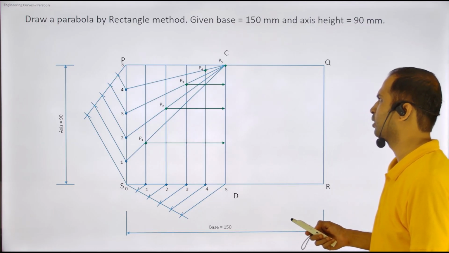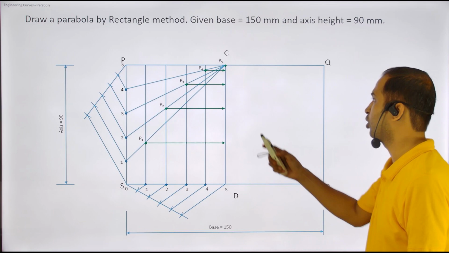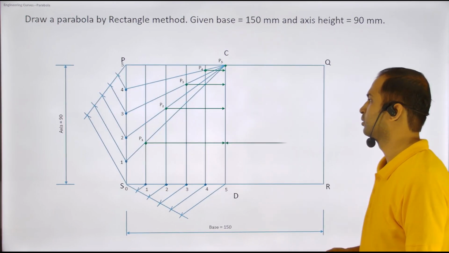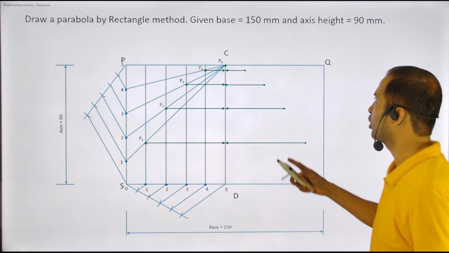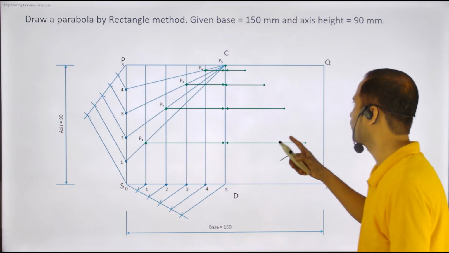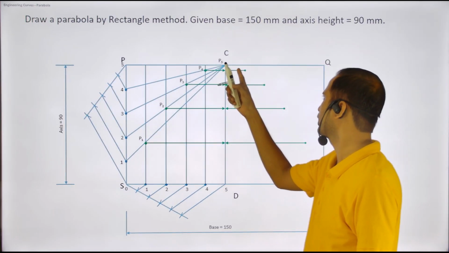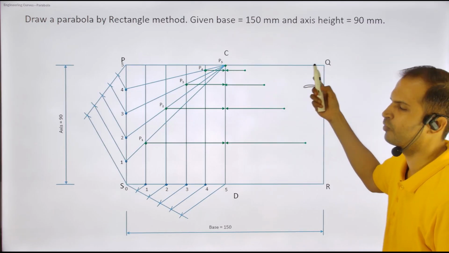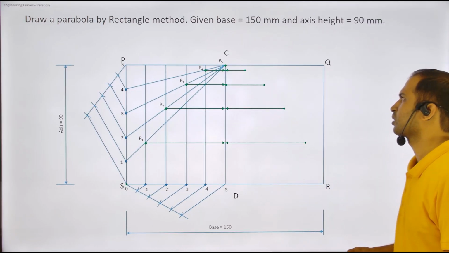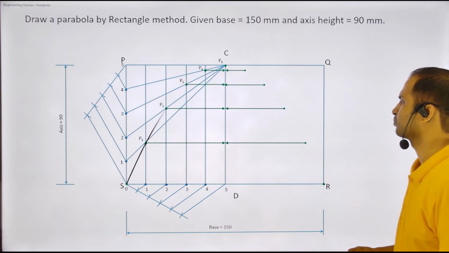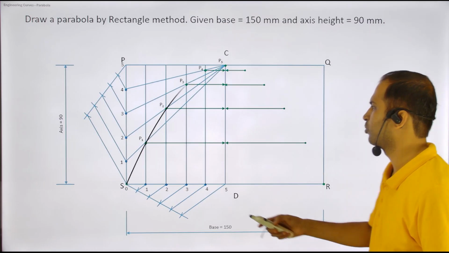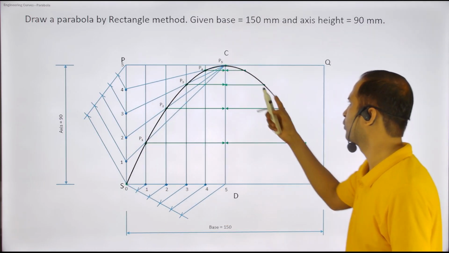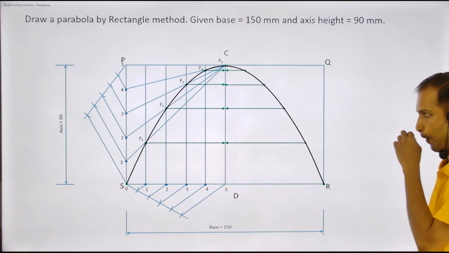We measure and mirror those points on this side with the help of a drafter or a roller scale, whatever you feel comfortable. Now we got 4 more points. You can name them P6, P7, P8, P9. Then we can draw a curve coming from this side, like this. So this is our parabola.